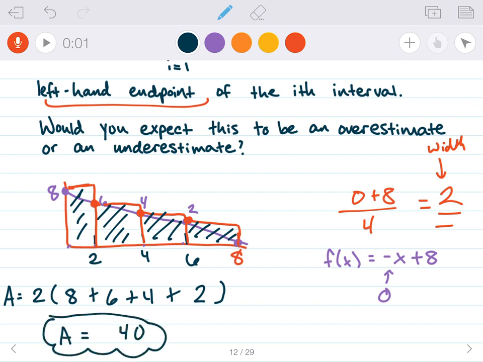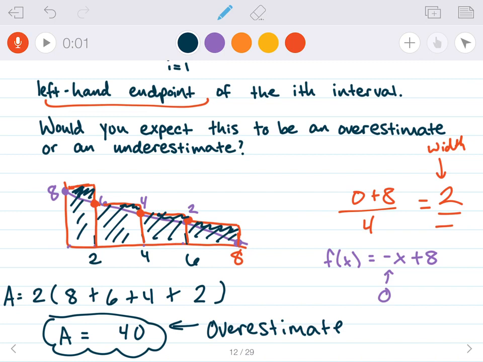So this is an estimation. This is an overestimate in particular, because we can see that these pieces above the curve should not count in our actual area, right? But there's more area there than we actually have, so this is an overestimate.